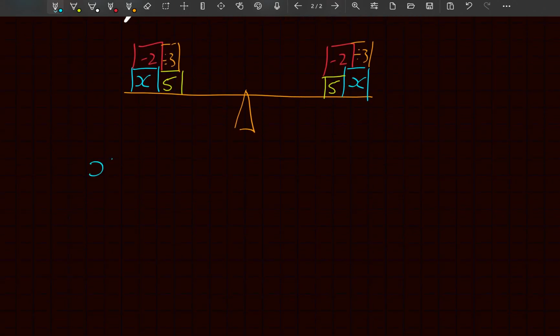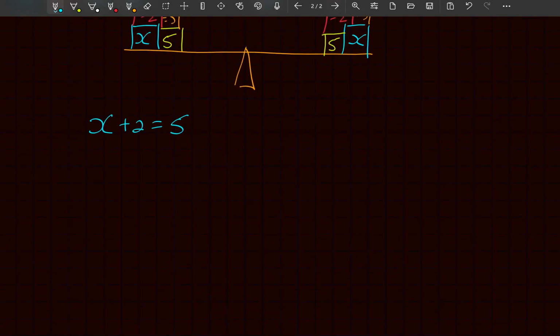Let's say we had x plus 2 is equal to 5. And what I want to do is solve for x, or to get x to be by itself as the subject of the formula. What is stopping x from being in that position is this plus 2 here. So to eliminate this plus 2, I would minus 2 from both sides of the equation.